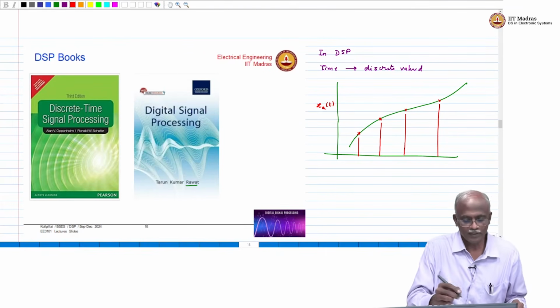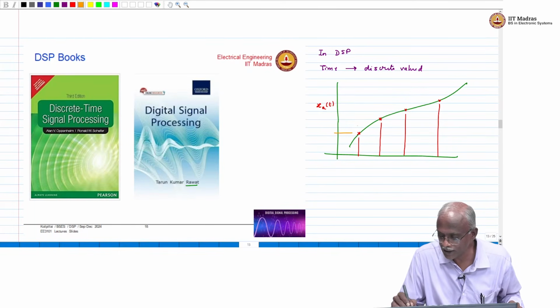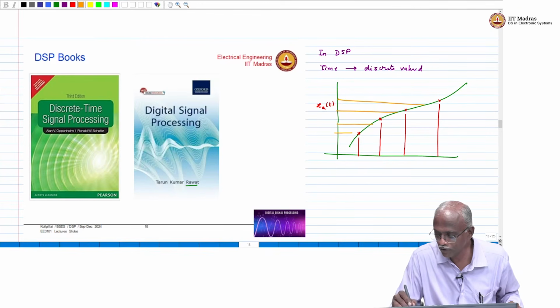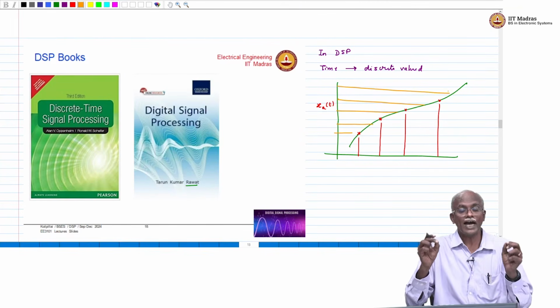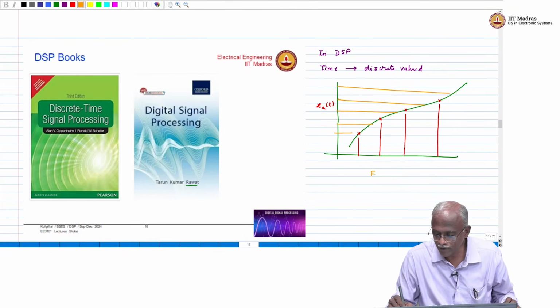On the other hand, if I have only a finite number of bits, I have to quantize these samples to a specific number of bits, in which case I do not have infinite precision, but finite precision.